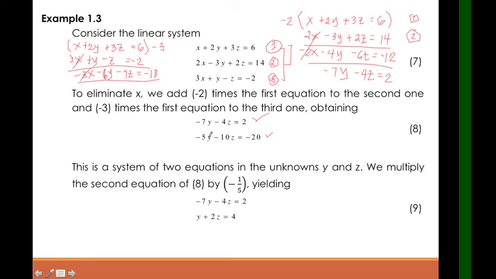Pwede naman siguro. So, let's try. Kasi we want to get now the z. Kasi we need to cancel y naman. Kasi ang target natin dito is makakuha muna ng isang value ng isang variable, which is z muna.